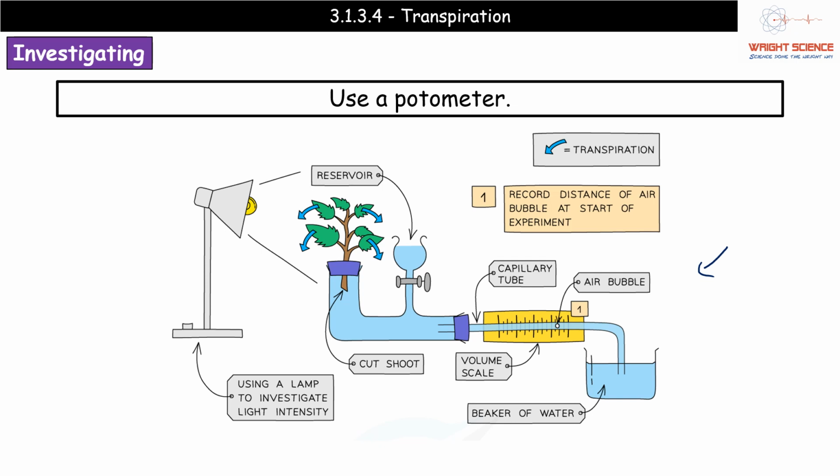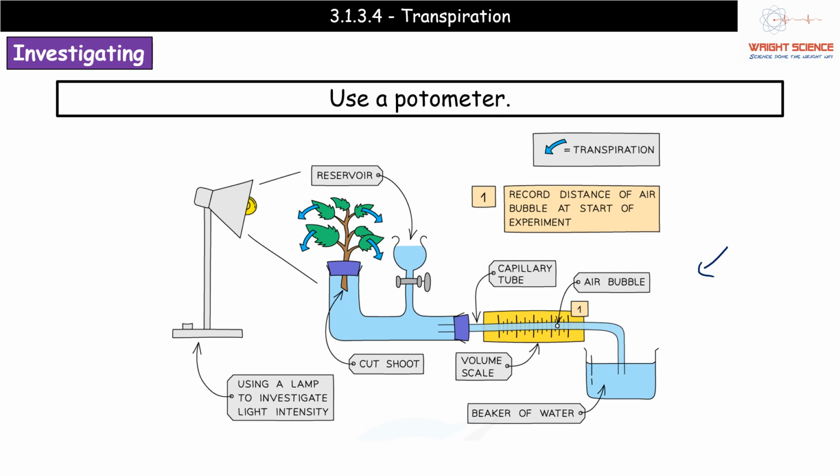So we need to cut it underwater first of all to avoid that issue. We then put it into our little end here, making sure obviously we've got a good seal around it, and we're then going to make sure we've got our air bubble in our capillary tube. And usually what we're going to do is make a little reading of where it starts.